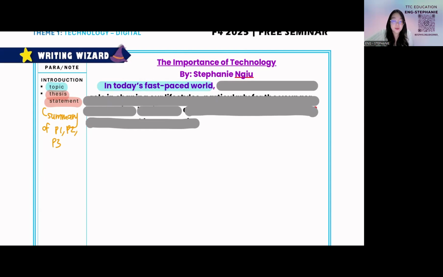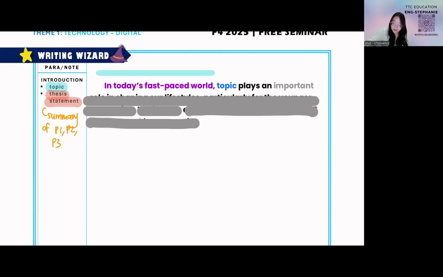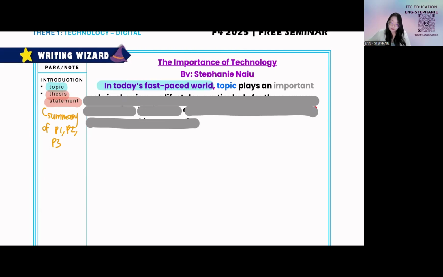So in today's fast-paced world, the next thing that you need to put in is the topic. Okay, we have to put in the topic. So our topic is technology. So this is what we will be doing now, right? So in today's fast-paced world, the topic, just write the topic key sentence, technology or the keywords.